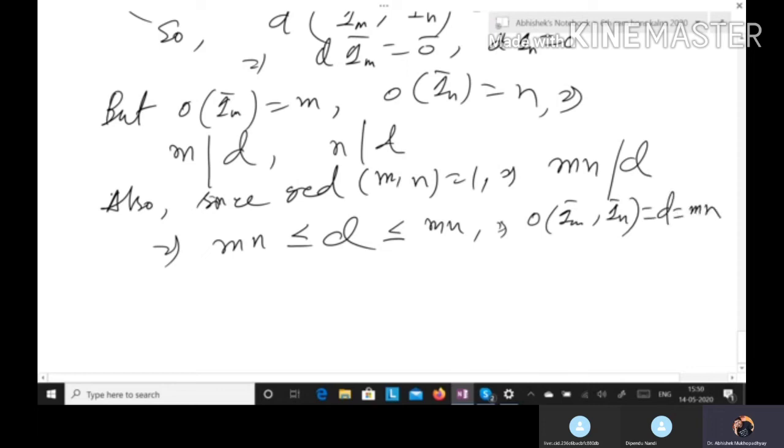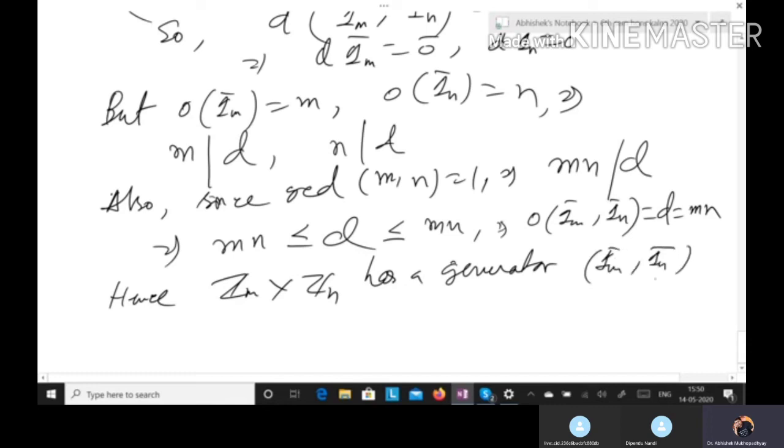So this shows that Zm cross Zn consists of an element (1m plus, 1n plus) which serves as a generator of the group Zm cross Zn. That is, Zm cross Zn is a cyclic group.